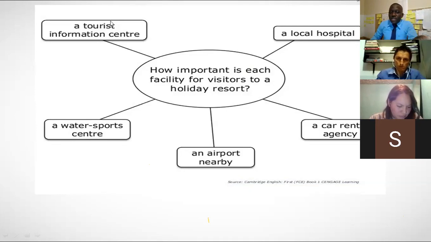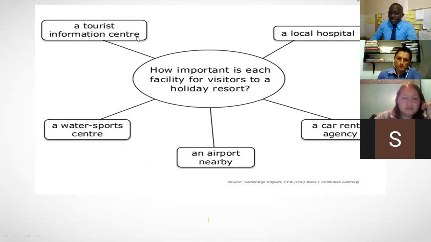So what we said here, some points can be combined. For example, I told you, how are these places or facilities important? I said if I have a tourist information center and a car rental center, it will be enough. Why? A tourist information center will give me information about all these places around.